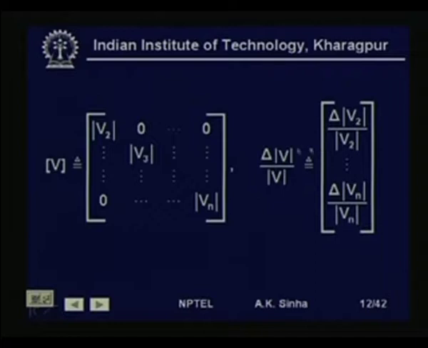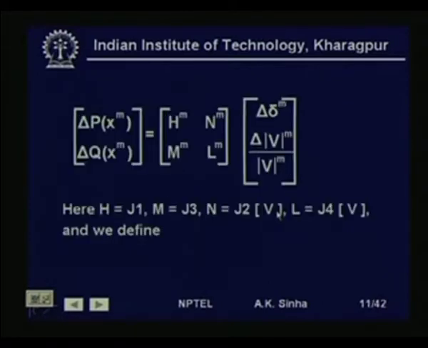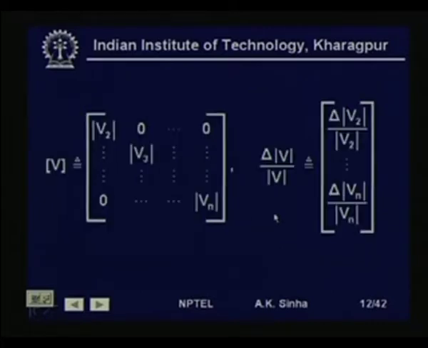If we look at this J2 into V, actually this V is basically a diagonal matrix of voltage magnitudes. Therefore, this V is defined as V2, V3, V4.